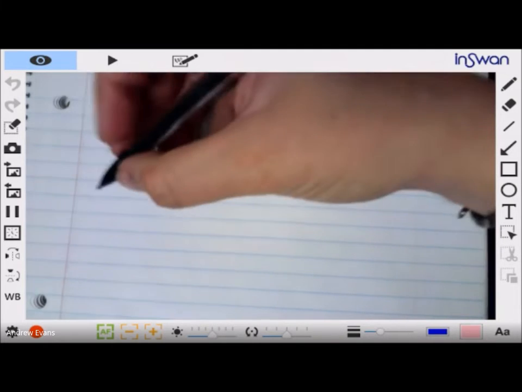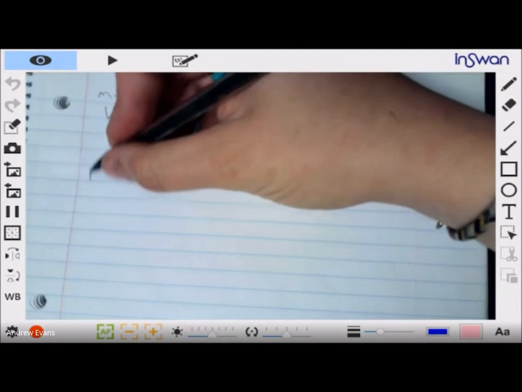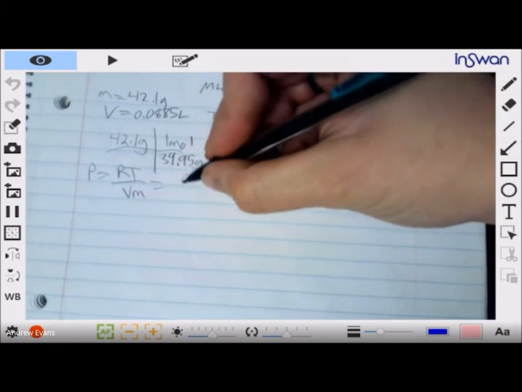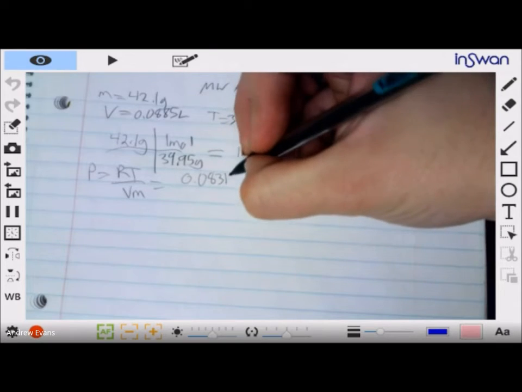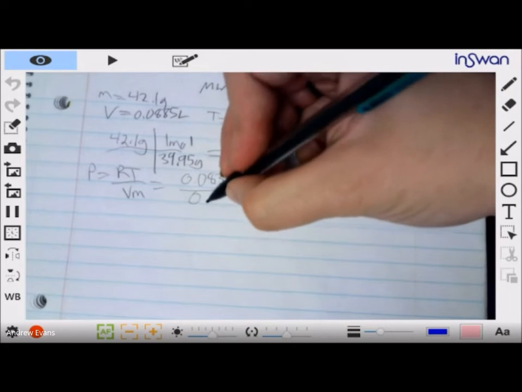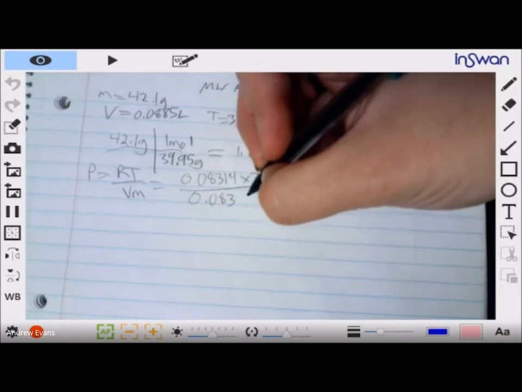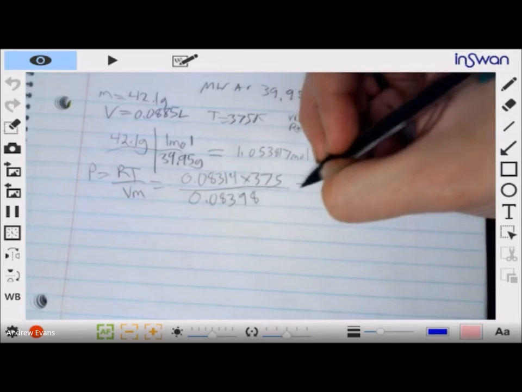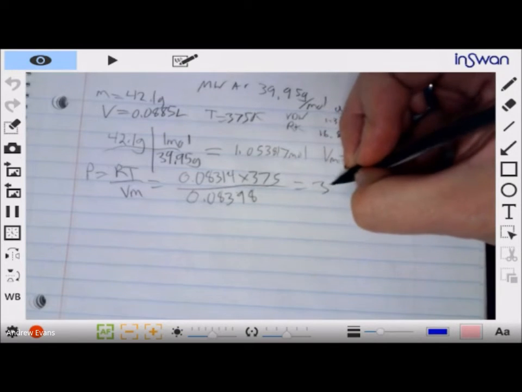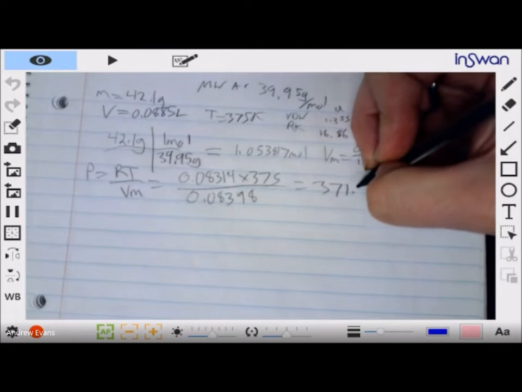So to do our ideal gas, pressure is equal to RT over V sub M, meaning 0.08314 times 375 all over our 0.08398. And doing that gives us 371.2.